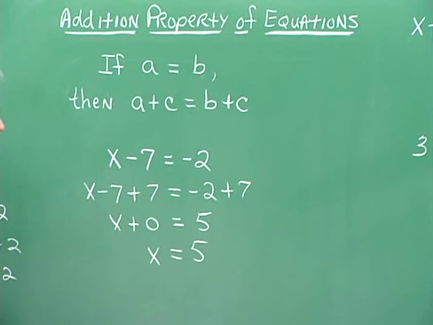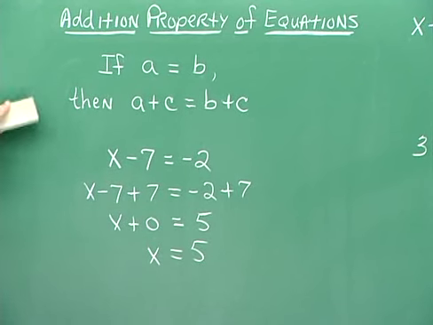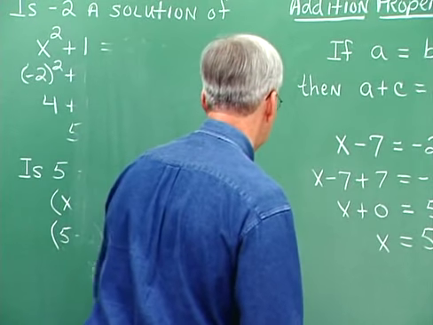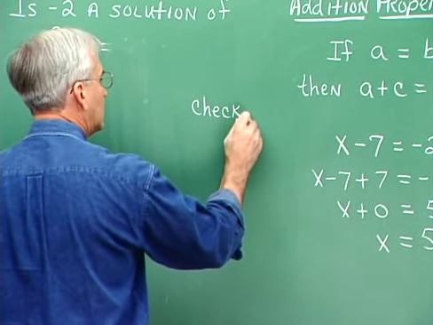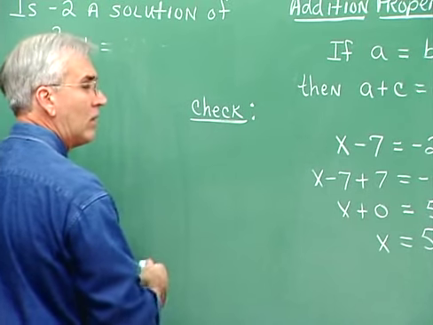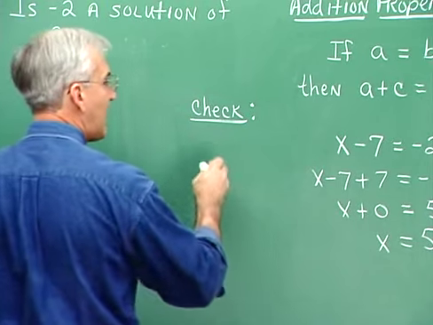Now, one great thing about working with equations is that we can always check them. We can check to see if the answer is correct. And let me come back over here and show you how the check works. Check. To check an equation, we're doing what we did over here. We are asking ourselves, is 5 a solution of that equation?